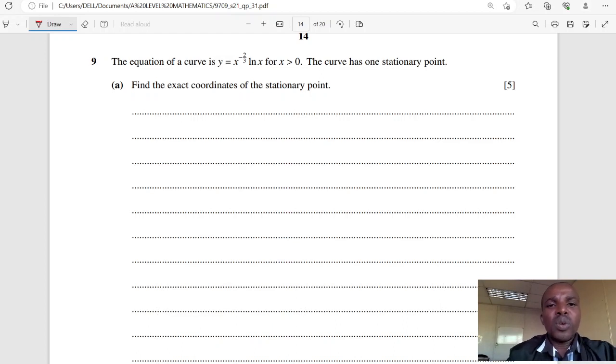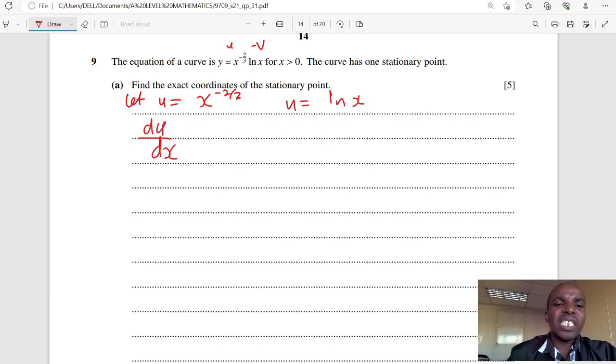So this one is a product. You can say let u is equal to x to the power minus 2 over 3, and v is equal to ln x. Then you can differentiate: what is du over dx in this case?